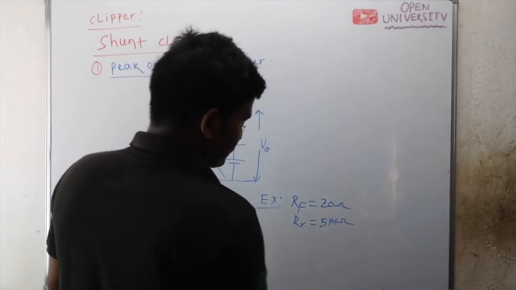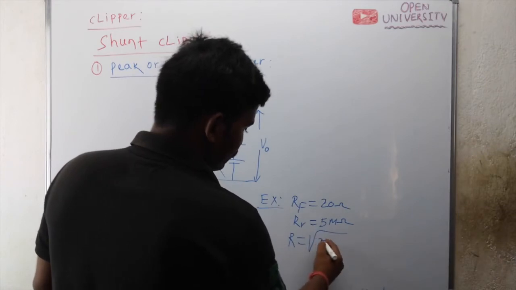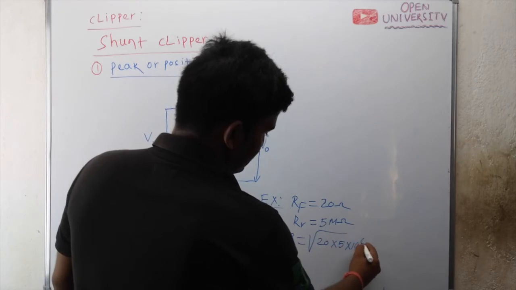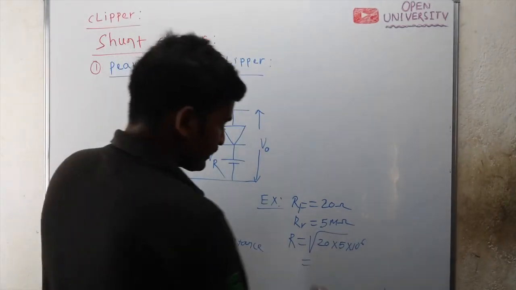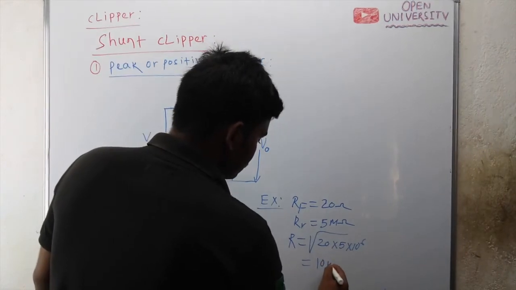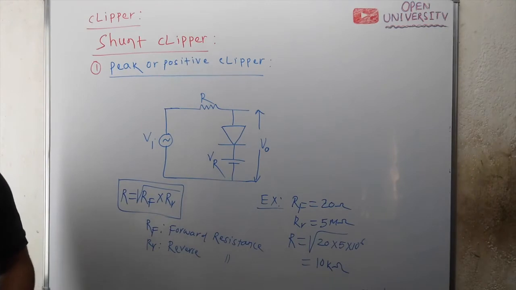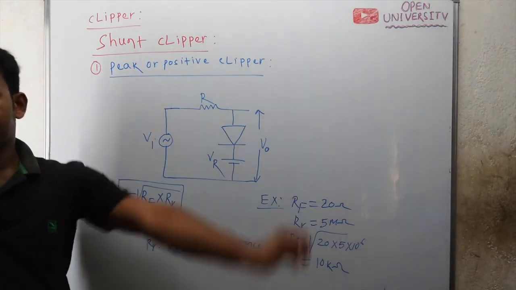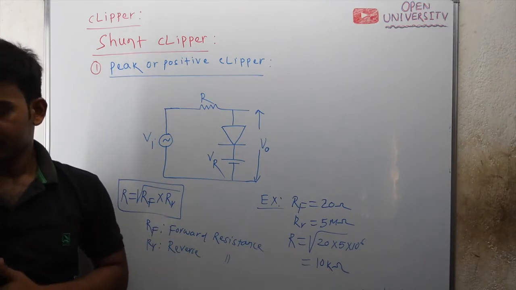Then the value of R is the square root of 20 into 5 into 10 power 6. If you calculate this value, it will be 10 kilo ohm. So this R is always in kilo ohm. It should not be too small, and it should not be too large either.